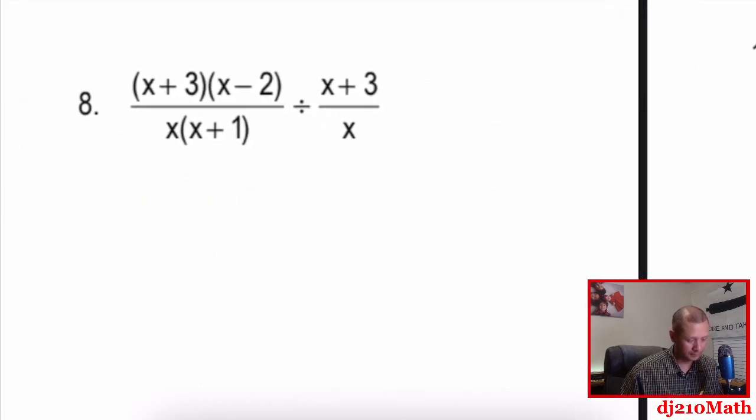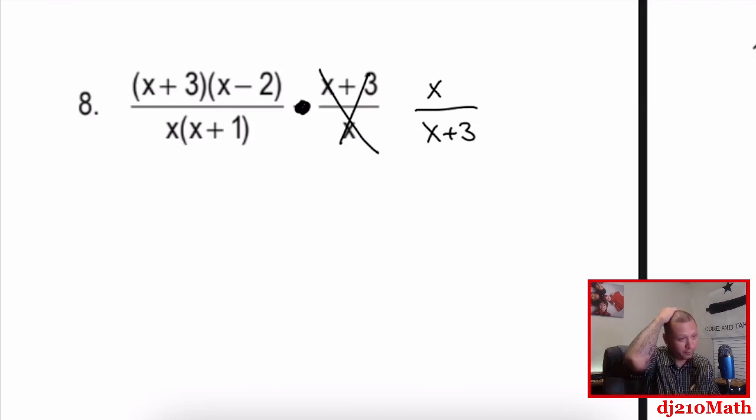Okay, here's another one. Number 8. Division, right? So we're going to flip the second one. And it's multiplication. Okay, so it's fully factored.